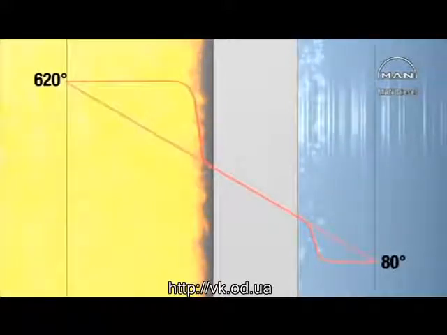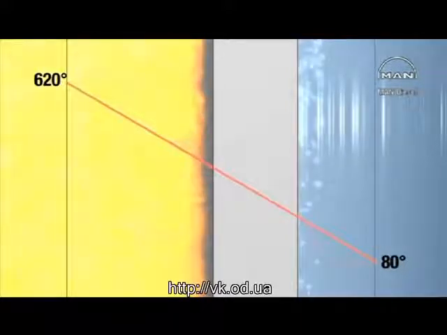With a mean gas temperature of about 620 degrees centigrade and a cooling water temperature of about 80 degrees centigrade, it's possible to calculate a thickness of iron that offers the same resistance to heat flow as the boundary resistance between cylinder gas and cylinder wall, and similarly a thickness of iron that corresponds to the boundary resistance between cylinder wall and water.